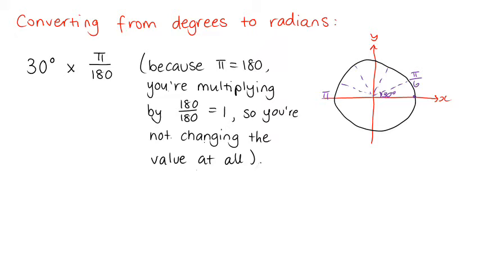Pi on 180 is 180 on 180, which is 1. You can't just multiply willy-nilly, like whenever you feel like it. So by multiplying it by pi on 180, we're not actually changing the 30 at all because we're just multiplying it by essentially 1.